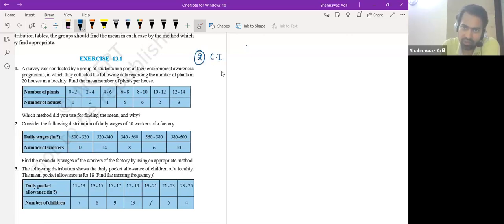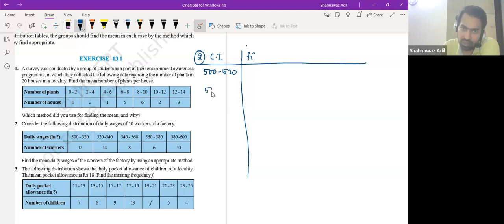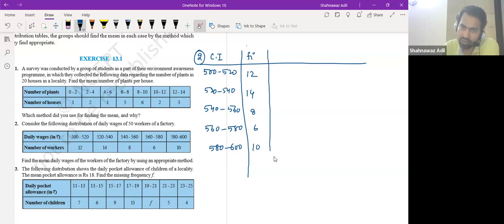Class intervals are 500 to 520, 520 to 540, 540 to 560, 560 to 580, 580 to 600. And Fi is 12, 14, 8, 6, 10. First we calculate the class marks, right?